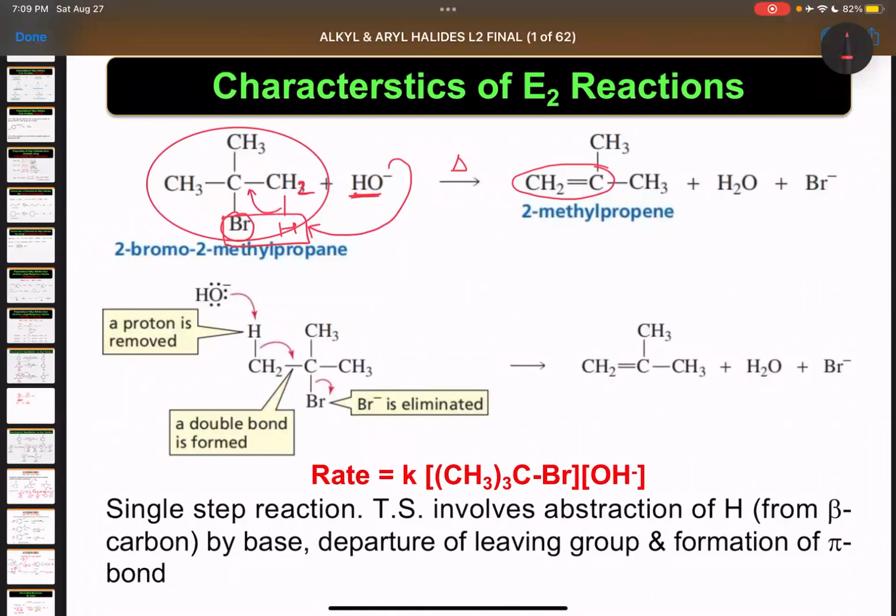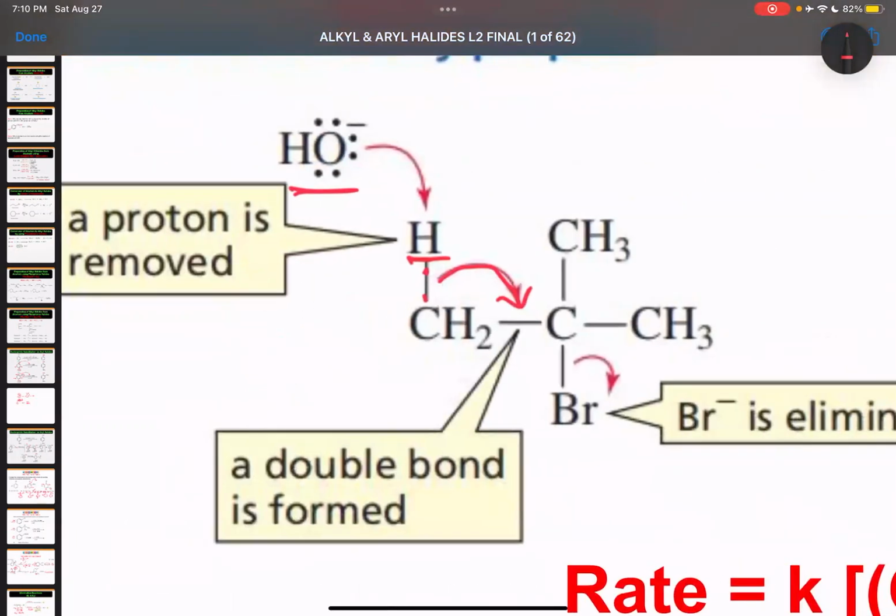Okay, and it happens in 2 ways, just like SN2 and SN1. In SN2, if you take a strong nucleophile, similarly in elimination reaction, if you take a strong base, that strong base comes in and starts abstracting the H, and the electron pair of the H starts forming the double bond. Okay, and because this carbon has now started forming a double bond on the left hand side, the Br will be removed.